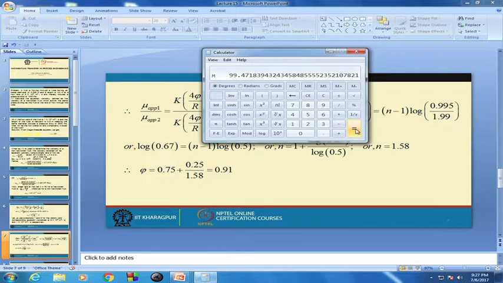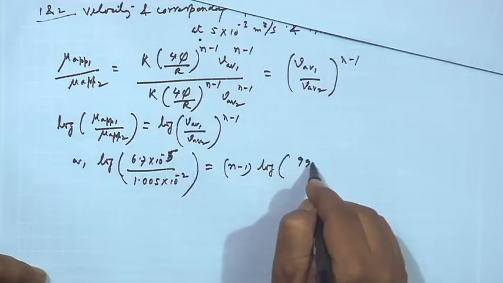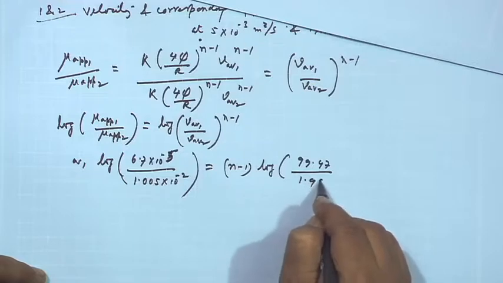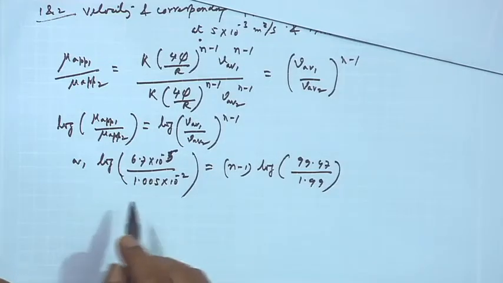So that is 99.47, right, 99.47 meter per second, right. So if we substitute here, V average 1 was 99.47 over 1.99, right.